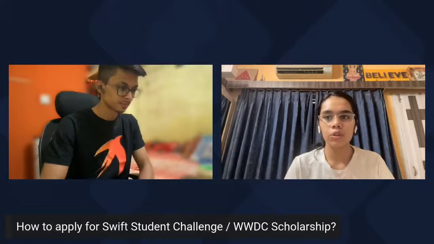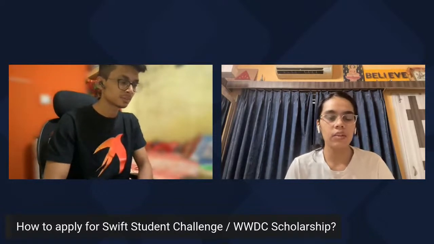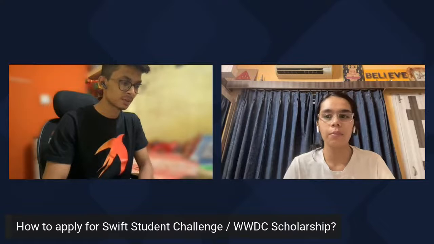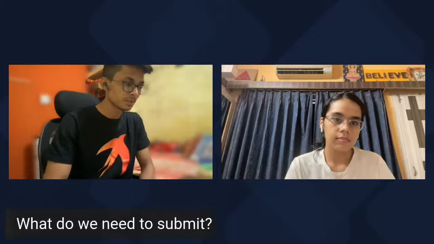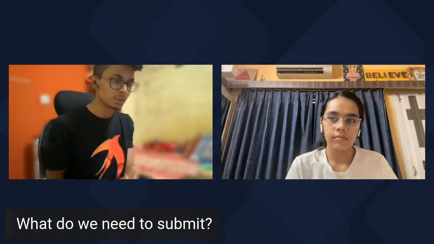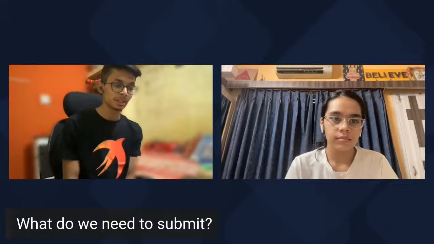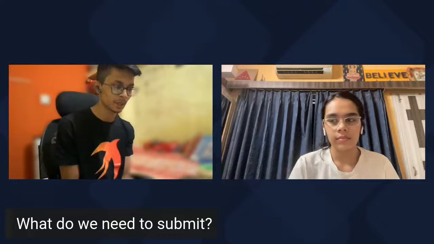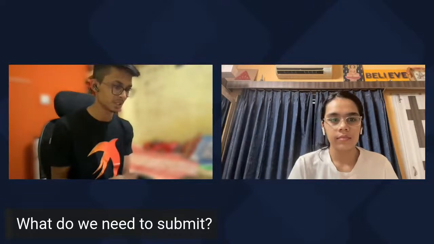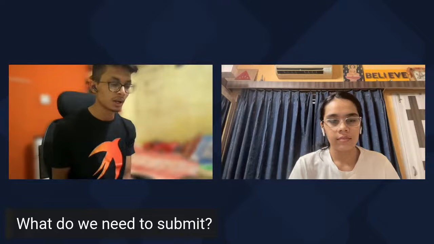Moving forward, Amit, can you address which topics people should be focusing on, or what they should keep in mind when applying? Yeah, that's a nice question. Usually in earlier WWDCs, you would be asked to create a playground book, basically a Swift Playground that could be consumed in around 3 minutes.